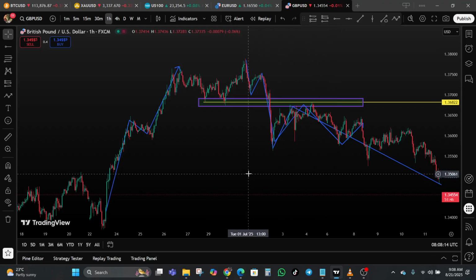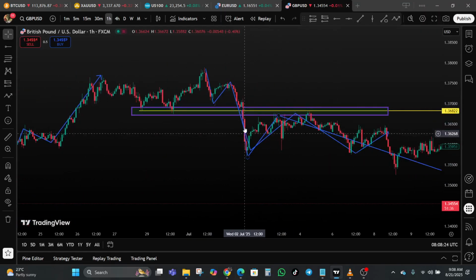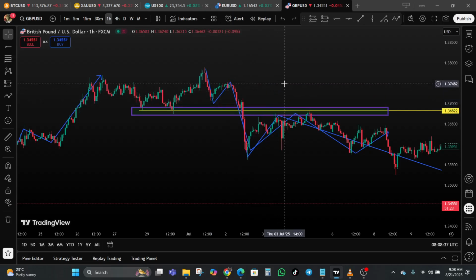Then after you've identified the market structure, the next thing to do is to look for strong displacement candles that create propulsion blocks. After you have identified them, you mark the origin of that move as your reference zone.